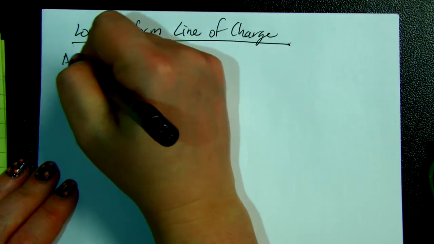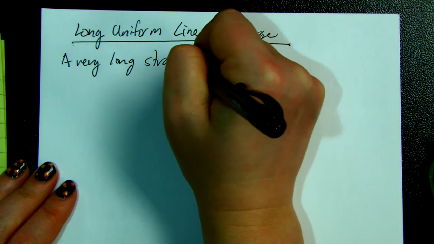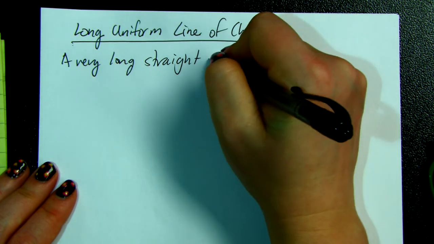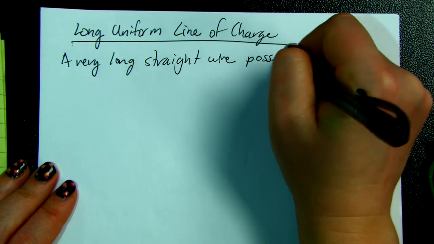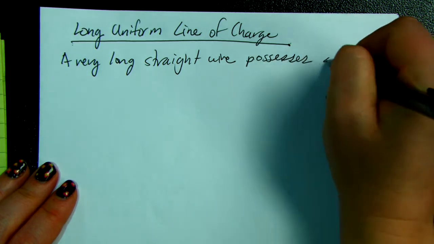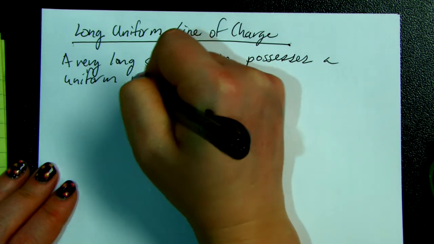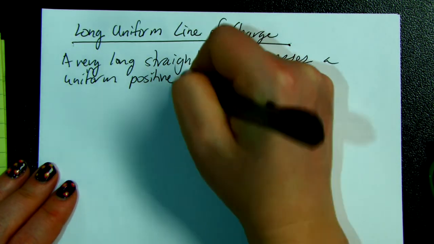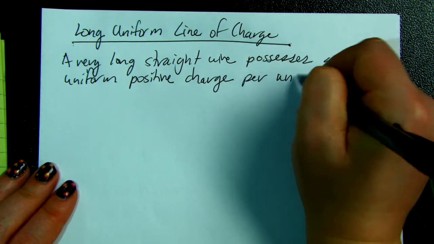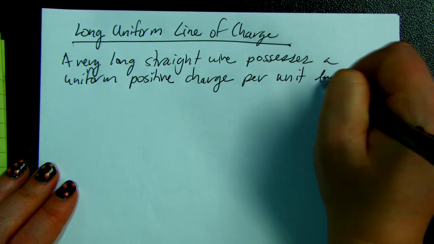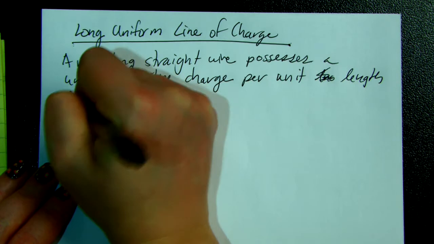So we have a very long straight wire that possesses a uniform positive charge per unit length lambda.